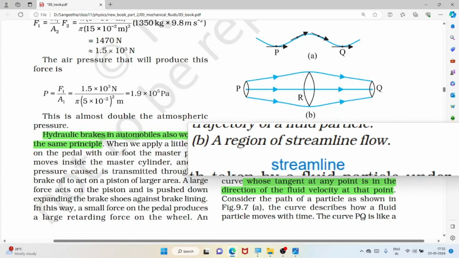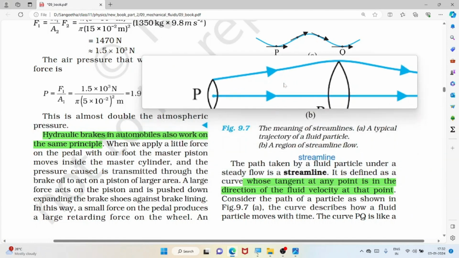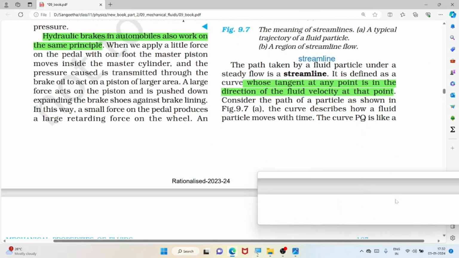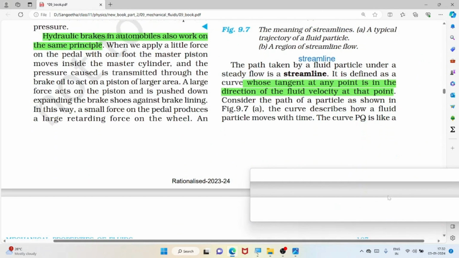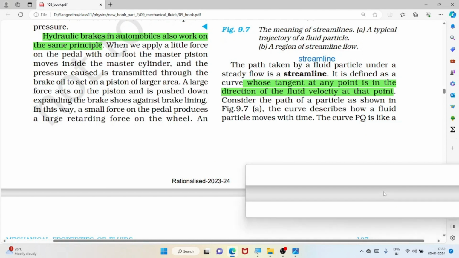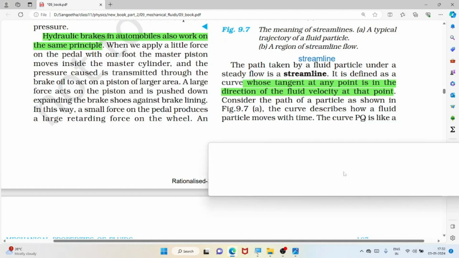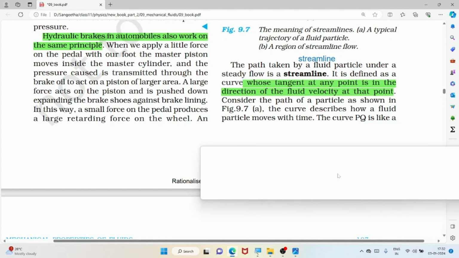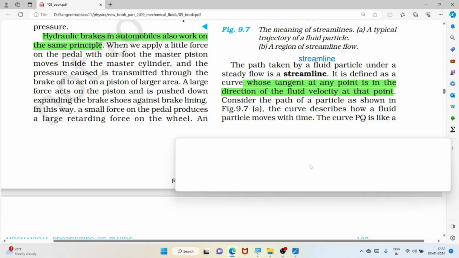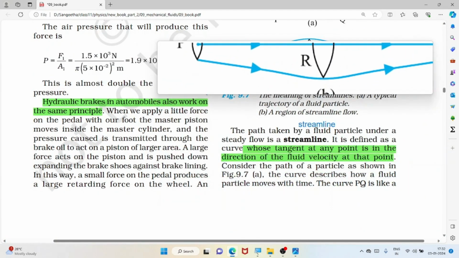The path taken by a fluid particle under a steady flow is a streamline. It is defined as the curve whose tangent at any point is the direction of the fluid velocity at that point.